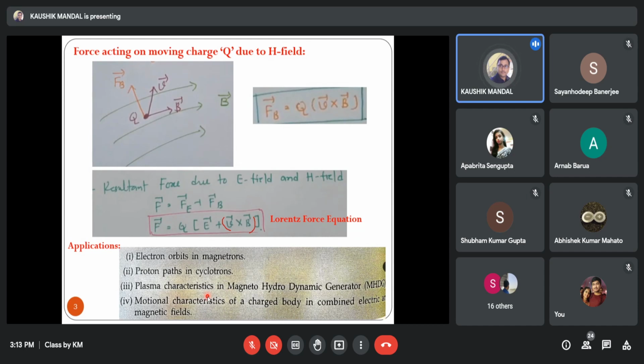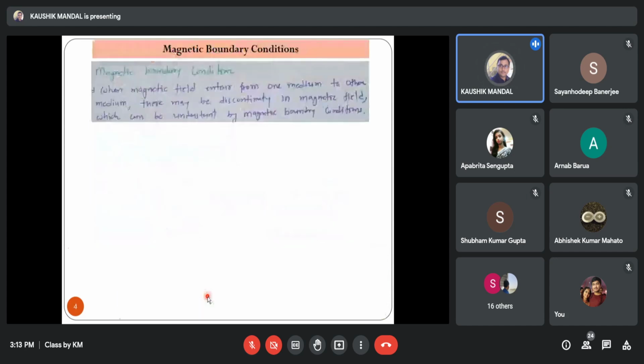Next we are moving on to discuss the magnetic boundary conditions. We are already familiar with the electric boundary conditions. Similarly, now we will discuss the magnetic boundary conditions. Basically, when a magnetic field enters from one medium into another medium, there may be some discontinuity in the magnetic field, which can be understood by these magnetic boundary conditions.